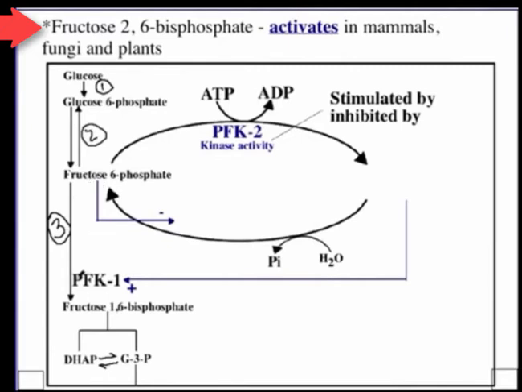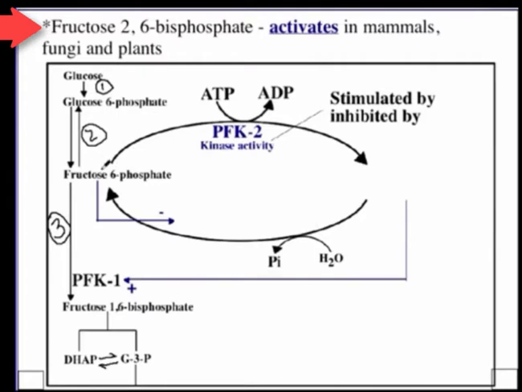So that's why it's important when we talk about phosphofructokinase to call it PFK1, because there's 2 types of phosphofructokinase. There's PFK1, and fructose 6-phosphate is recognized by a second PFK enzyme, PFK2.